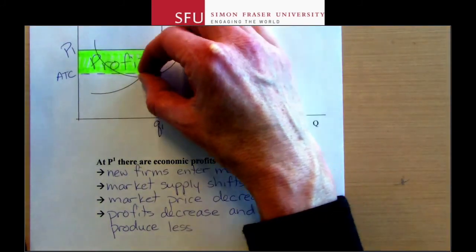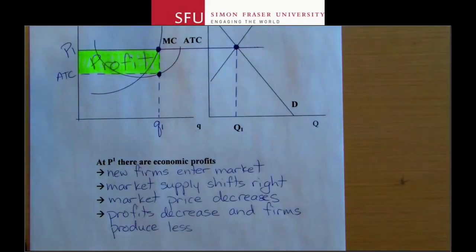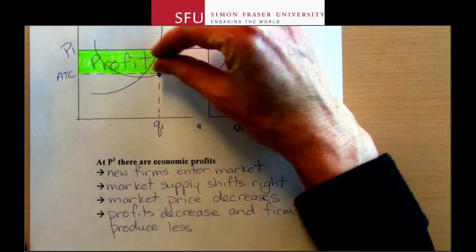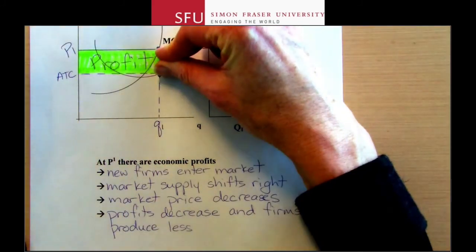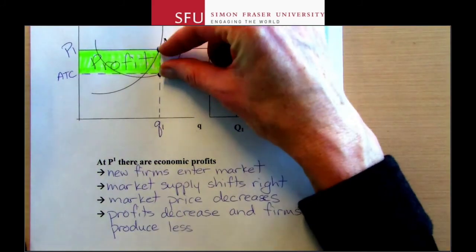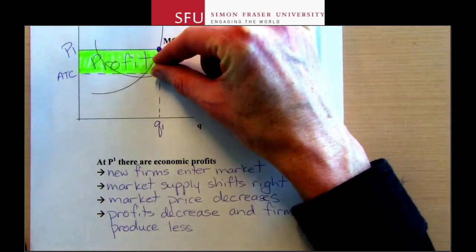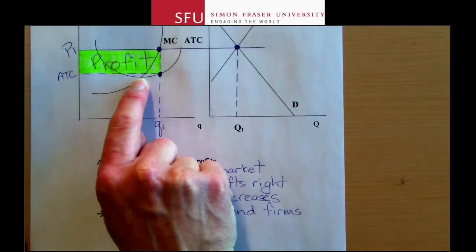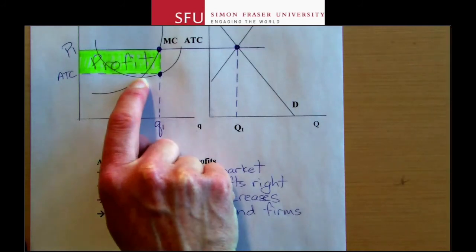And that will continue. The profit is the difference between the price and the average cost. And as we go this way, that difference gets smaller and smaller until the price gets to that break-even point in which there is no more profit.